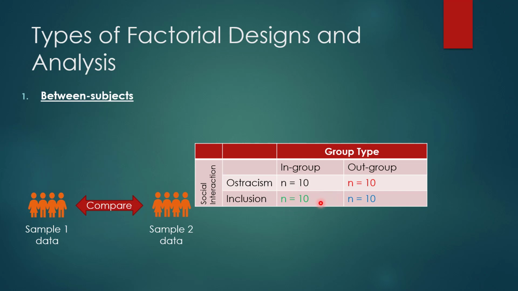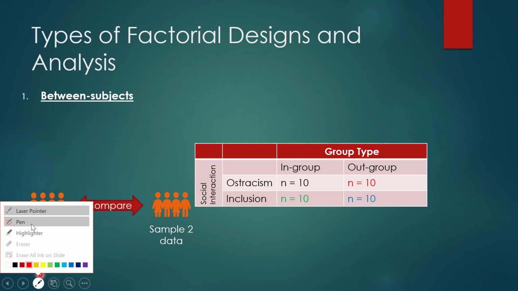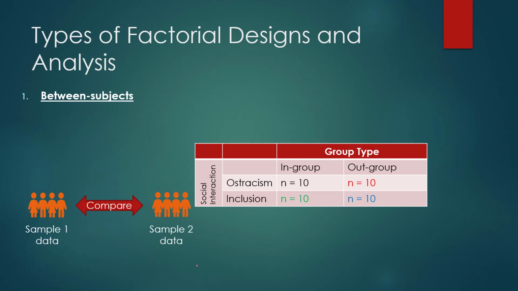We needed 10 more individuals for that, and an out-group inclusion group, and we needed 10 more individuals for that. So overall, how many individuals did we use for this sample? Is it 10? No, it's 10, 20, 30, 40. So we have a total N of 40 for this sample size.